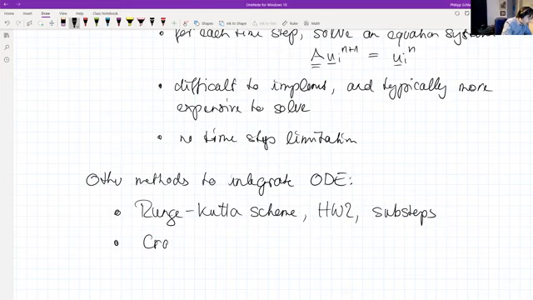Then another scheme that we will also look at in the homework is the Crank-Nicolson scheme. The Crank-Nicolson scheme is in some sense similar to central finite differences.